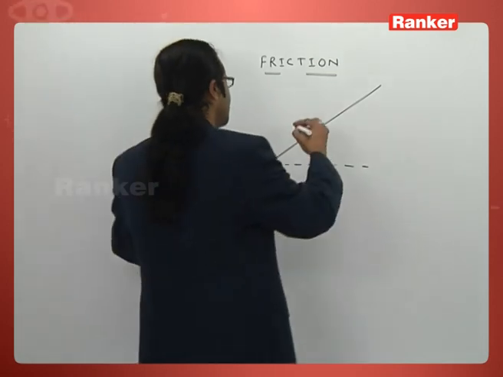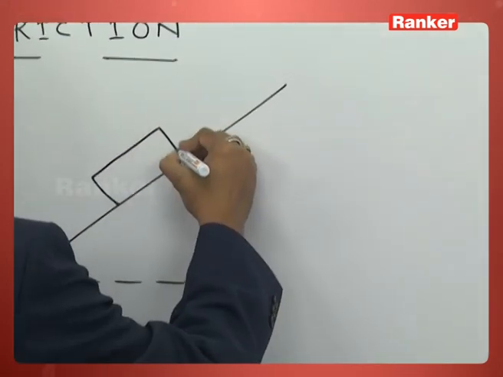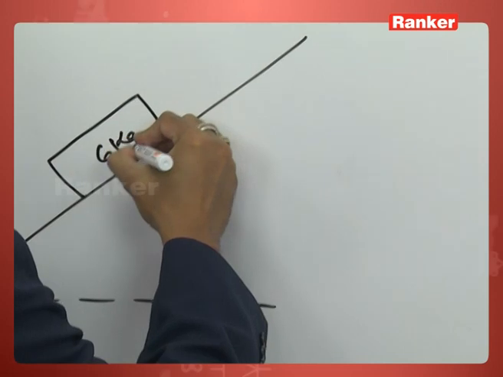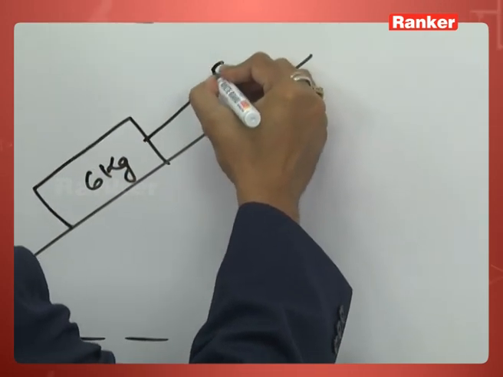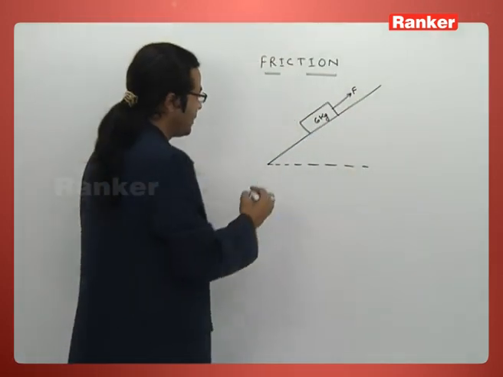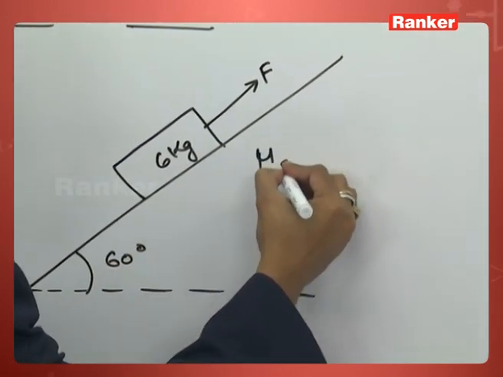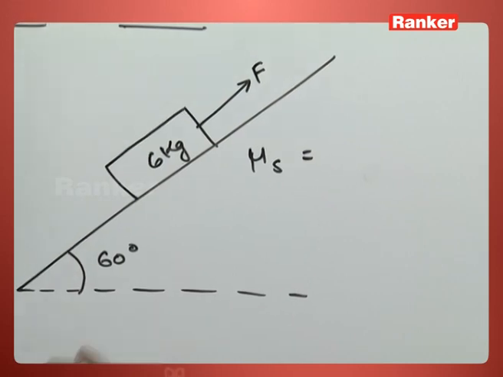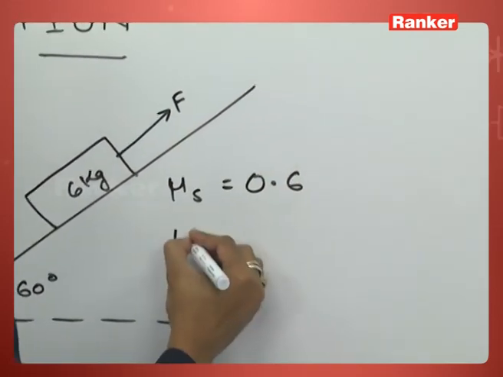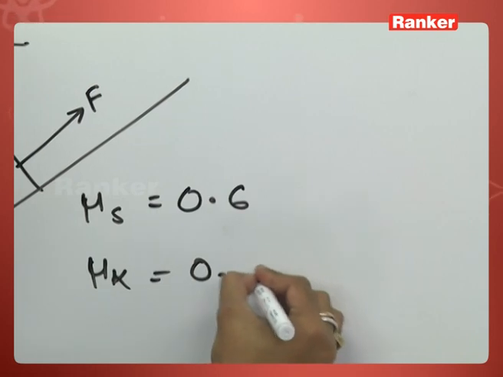Now this is a 6 kg block, and this angle is given as 60 degrees. Mu S is given as 0.6. Mu K is given as 0.4.